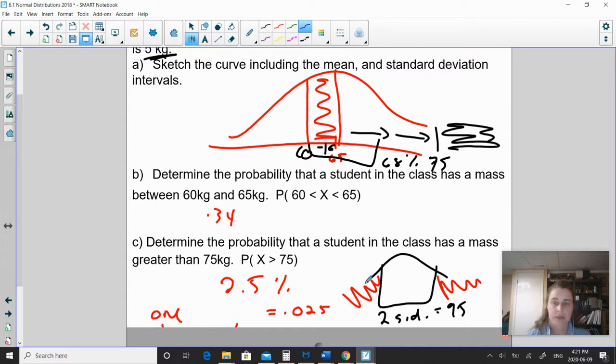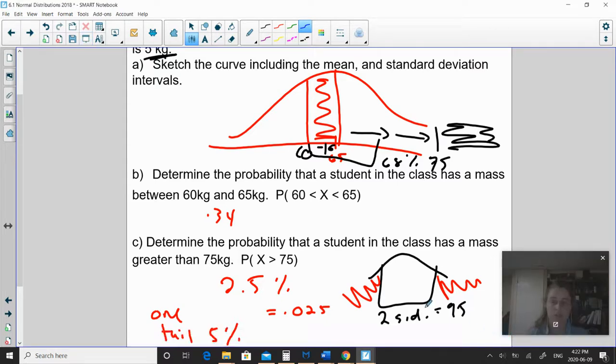If you had both of them, that would be 5% because 2 standard deviations within it is 95. The left on the tails is 5%. We only want one tail. It's symmetric. So we just cut our 5% in half. So 2.5%. The probability that a student in the class has a mass greater than 75 if they follow a normal distribution would be 2.5%.